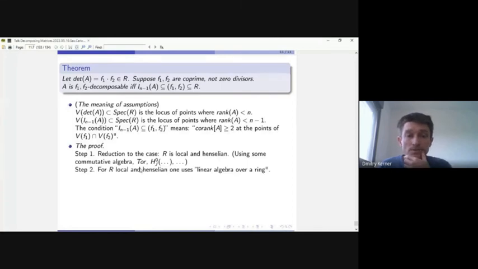And then once we reach that the ring is local and Henselian, one uses just linear algebra over a ring, as in classical linear algebra one has linear algebra over a field, and here it is linear algebra over a ring. And the proof is not so long. It takes a couple of pages.